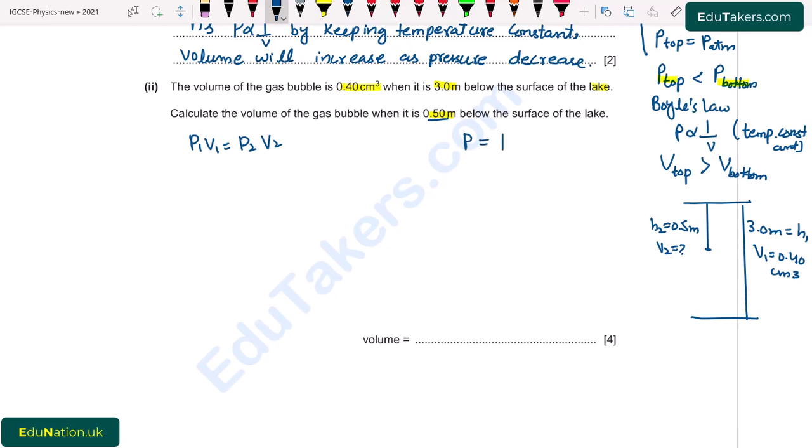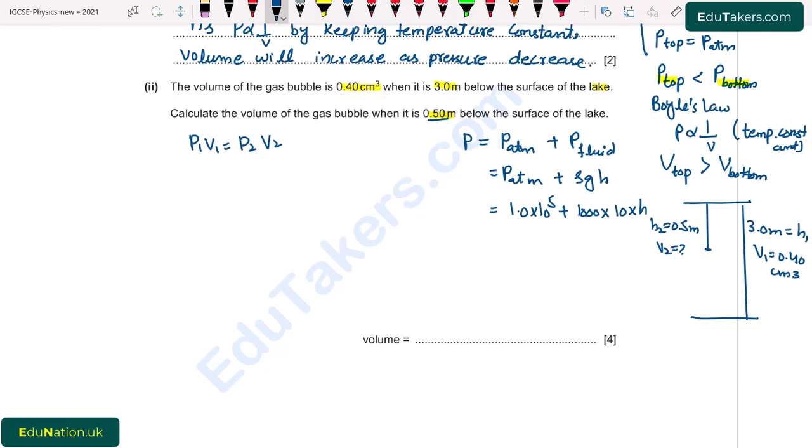So first of all, we calculate it. Total pressure will be equal to atmospheric pressure plus pressure due to fluid. In this case, the fluid is water. And the fluid pressure is rho g h. Rho is density, g is acceleration due to gravity, and h is height. So the atmospheric pressure is given, which is 1.0 times 10 to the power 5, plus rho is 1000 multiplied by the value of g, which is 10, and here h is height.